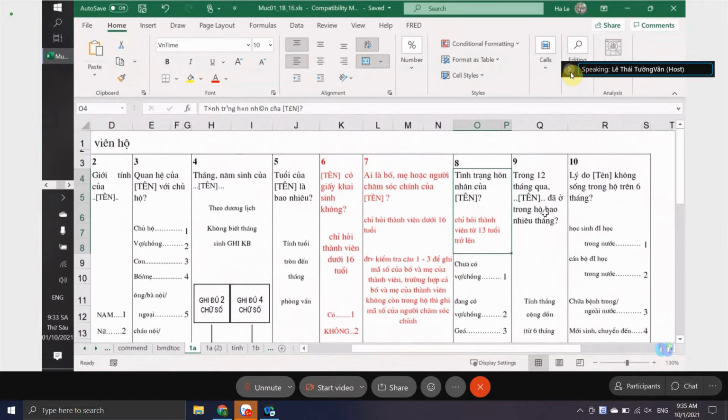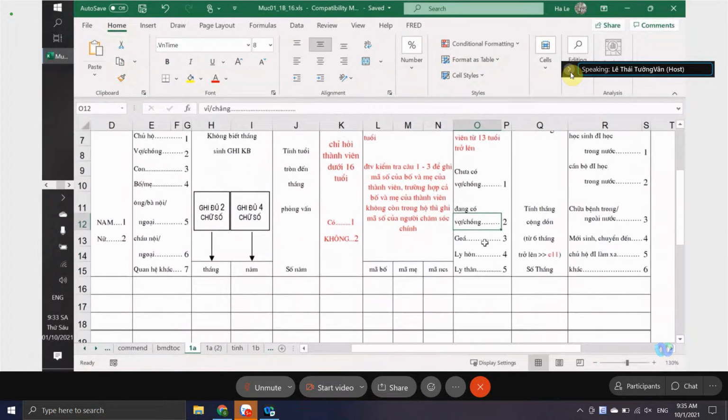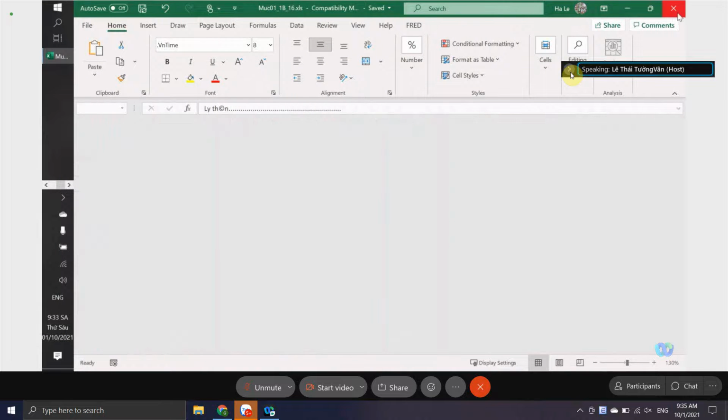It's about marital status. Number 1 is single, number 2 is married, number 3 is widows, widowers, number 4 is divorced, number 5 is separated. So this is the demographic information. That is section 1A. This is section 1.